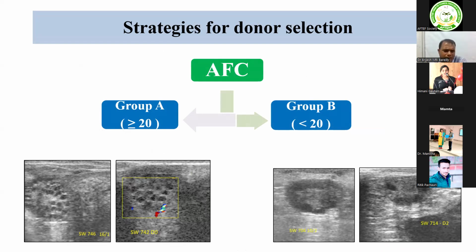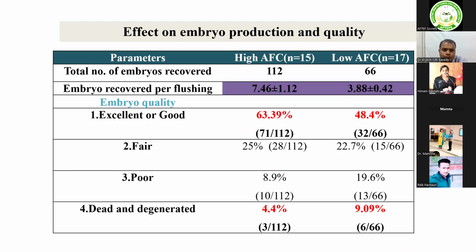So we thought about what the criteria could be. We tested and started with an AFC of 20 and above, which for our indicus cattle, especially Sahiwal and Tharparkar, is suitable, along with a good production history, to take into our MOET programs. We found that high AFC animals give more embryos and better quality compared to animals with low antral follicle count.